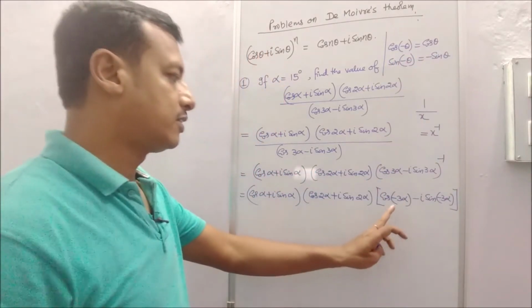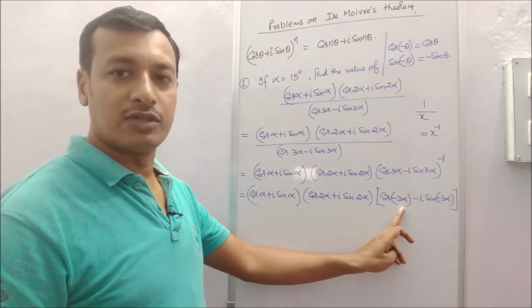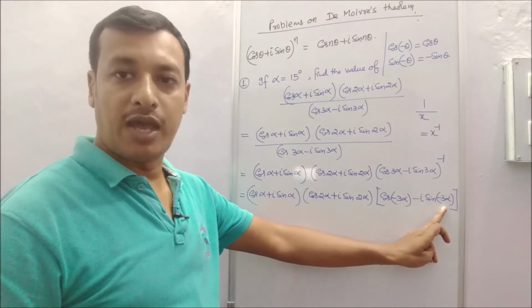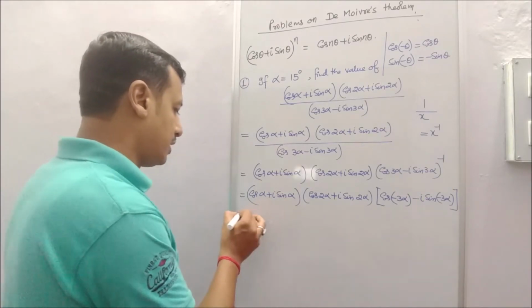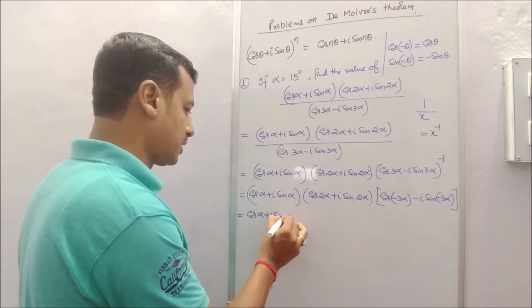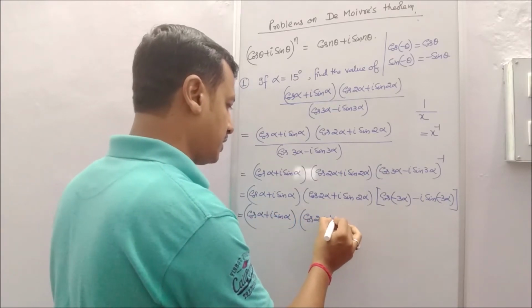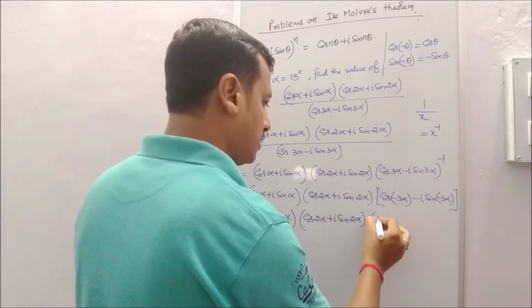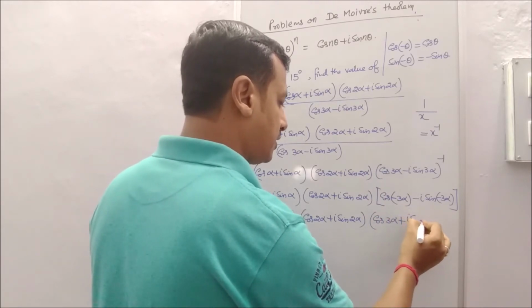So in this case, cos minus of 3 alpha is equal to plus cos 3 alpha, and sine minus of 3 alpha is equal to minus sine 3 alpha. So minus minus plus. So in the next line it is cos 2 alpha plus I sin 2 alpha, cos 3 alpha minus minus plus I sin 3 alpha.